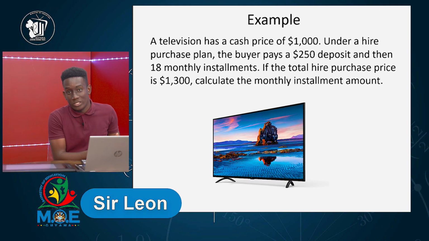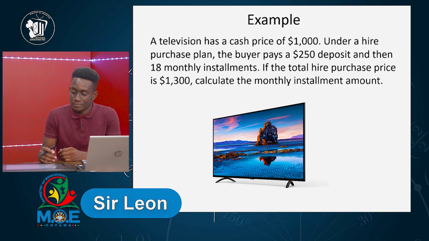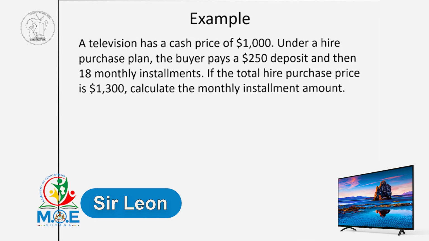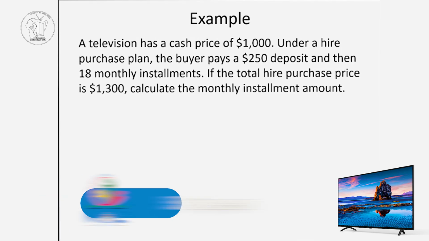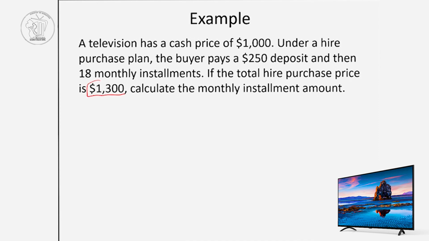So just now we found the deposit. Now we want to find how much the monthly installment is. This approach will be similar. We have the total hire purchase price, and we also have the deposit.